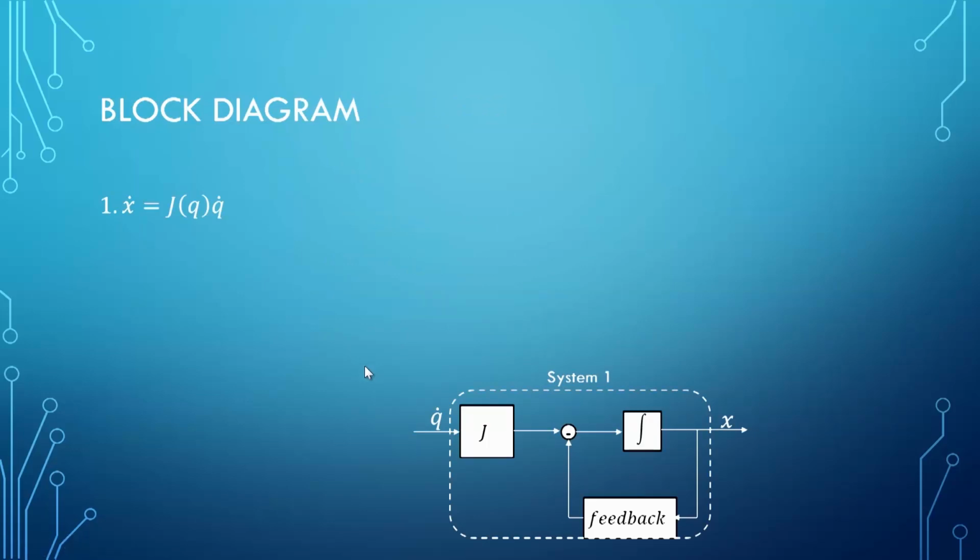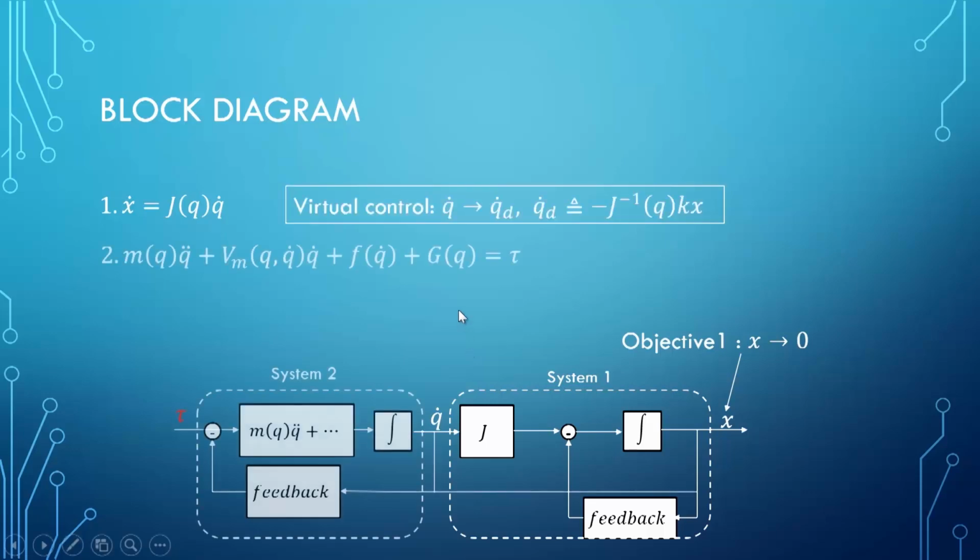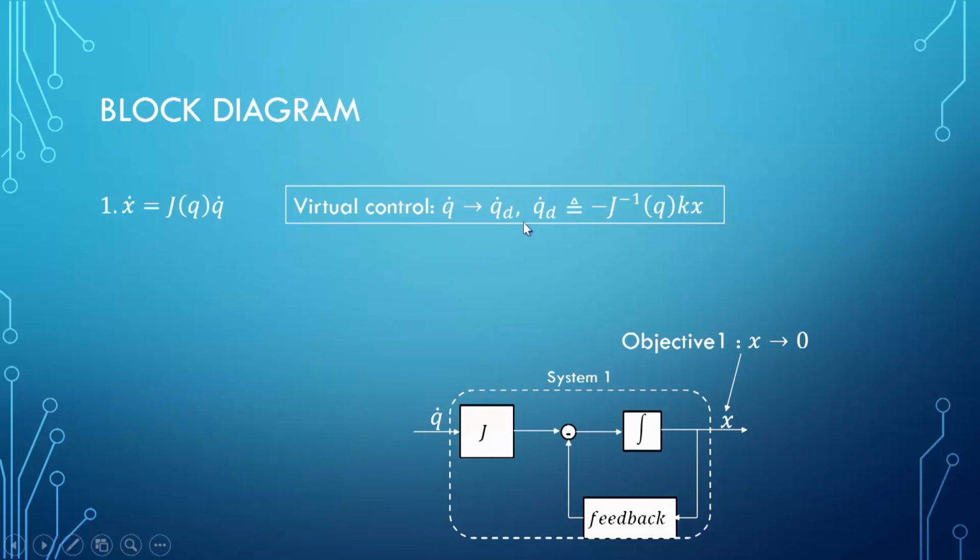So for the first system, the block diagram is this. You basically just convert from q dot to x dot, or x here. You convert from joint space to task space, and you have some feedback term here. And the objective is a regulation problem. As we say, in the first subsystem, you have to design the virtual control, right?